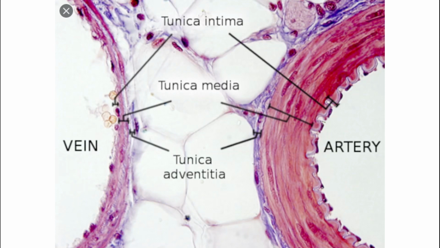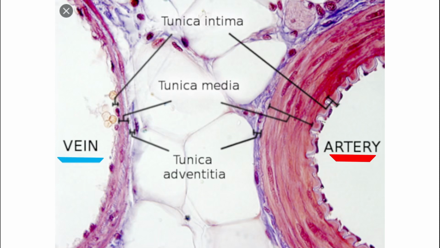Therefore, what can we conclude? We can conclude that the structure of the vein is quite different from the structure of the artery. Is the vein made of the three basic layers of any blood vessel? The answer is yes.